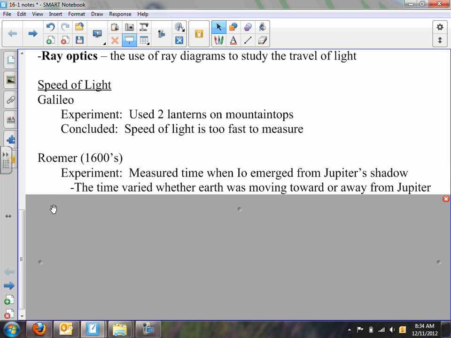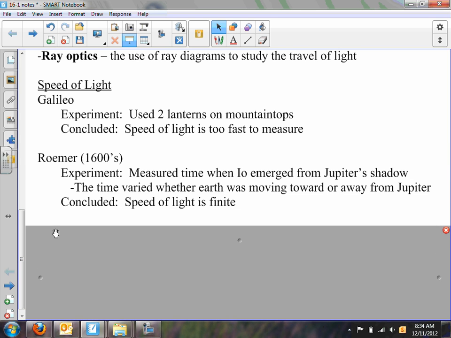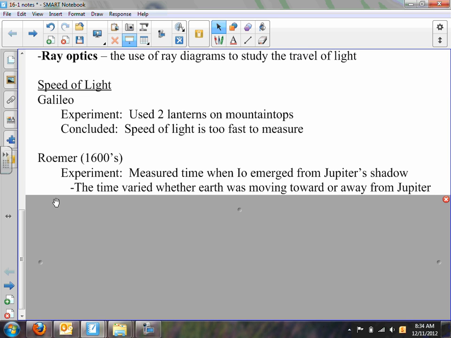The next person was Romer. In the 1600s, he measured the time when Io, which is a moon of Jupiter, emerged from Jupiter's shadow. As soon as you can start seeing it, you measure how long until you get to the outer edge of the planet. He observed that the time varied depending on whether the Earth was moving toward or away from Jupiter.